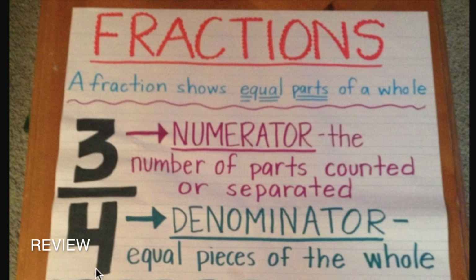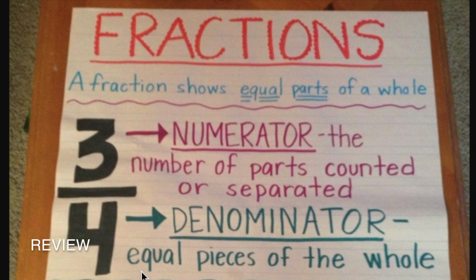And what about our number on the bottom of our fraction line? What vocabulary word did we go over last time that describes what our bottom number of our fraction is? Sally, yes, it is a denominator. Can we all say denominator? Denominator. And what is a denominator?